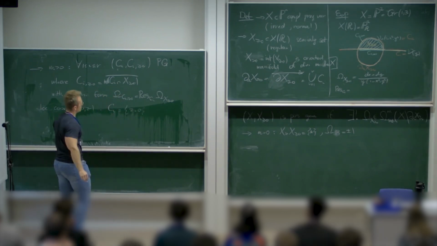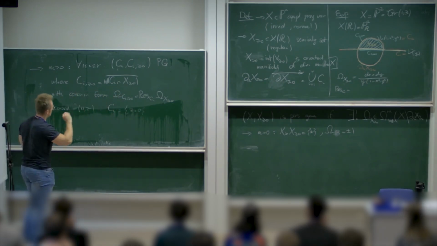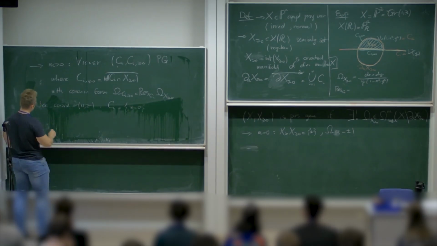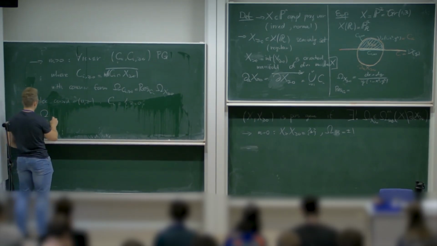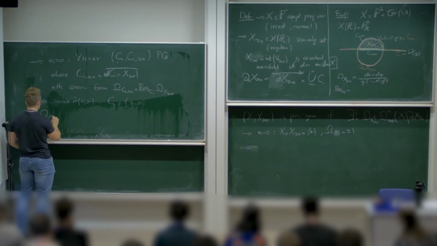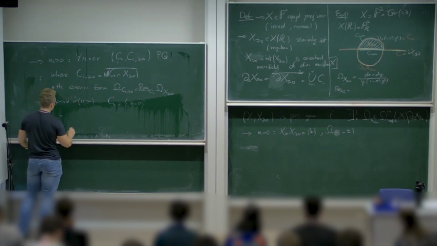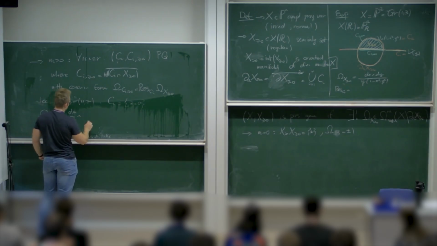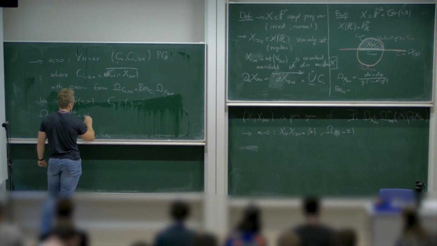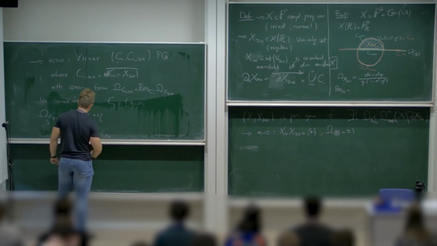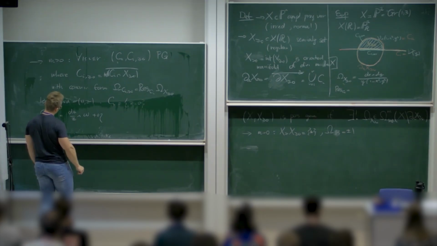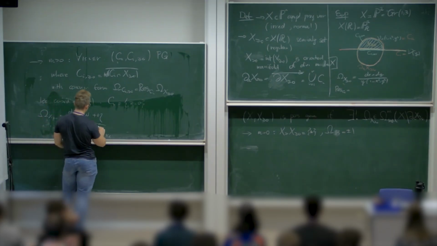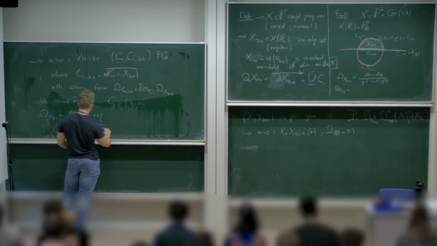So you do a change of coordinates such that one component is exactly the vanishing locus of the coordinate. Then your form looks like dz over z wedge (omega plus beta), where this is smooth, holomorphic on all X.